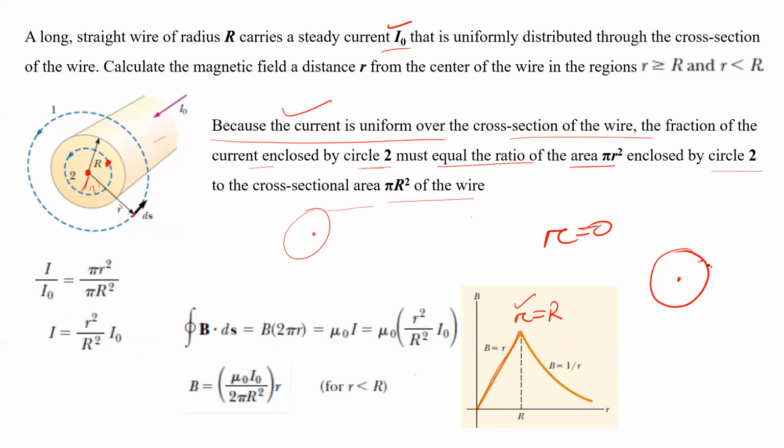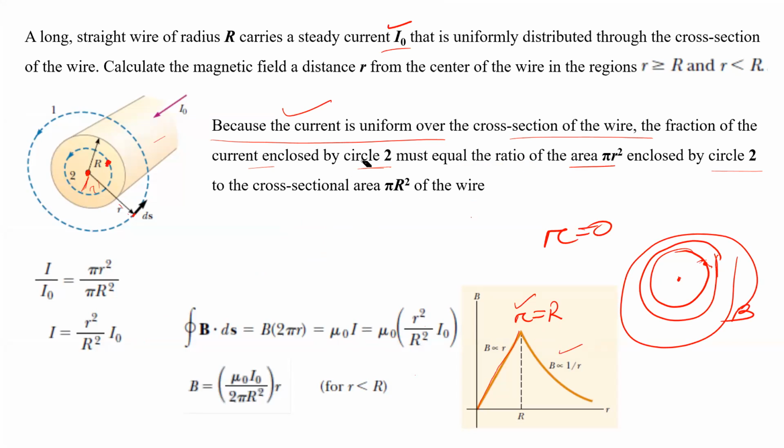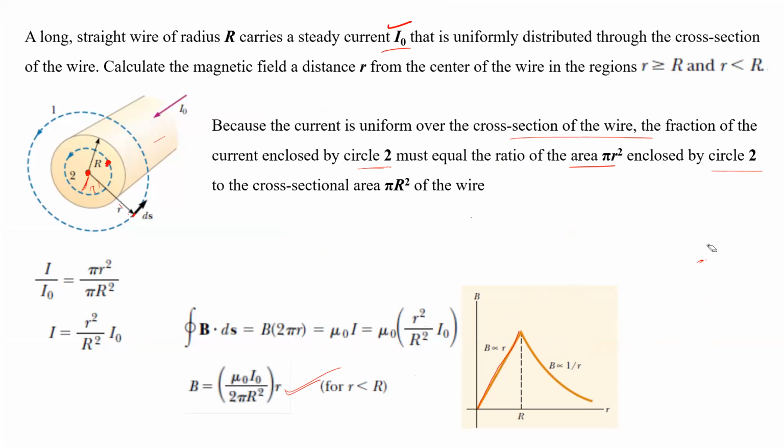But after this point, outside a current carrying cross section, if we calculate the magnetic field, that is a function of 1 by r. The first equation was mu 0 I0 divided by 2 pi r, that is inversely dependent upon 1 by r, but here it is directly proportional to r. So that increases linearly and this decreases.